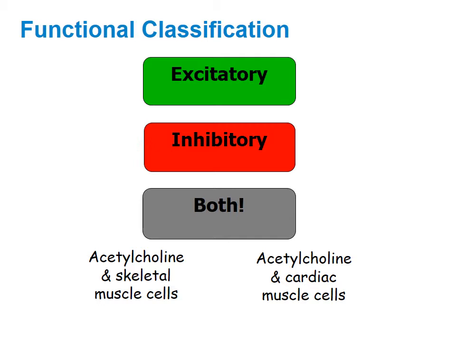Inhibitory neurotransmitters bring the postsynaptic membrane further away from threshold, so an action potential is less likely to occur. This is an IPSP, and we see them on cardiac muscle cells in response to acetylcholine. Other neurotransmitters can be both, as their action depends on the receptor present.